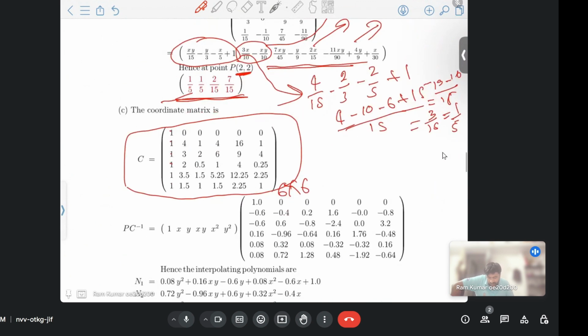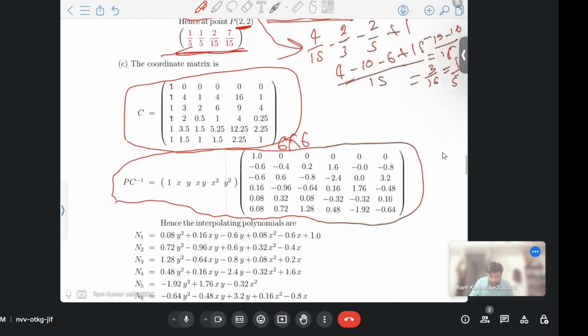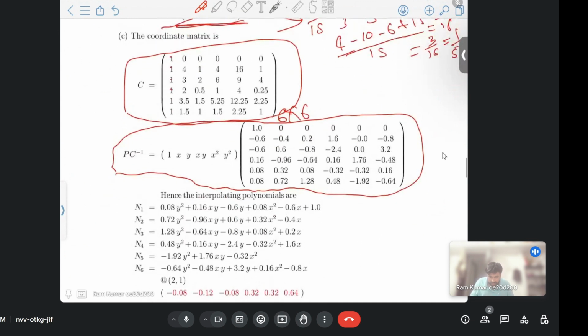Similarly, we are going to use this equation to get the interpolating polynomial. For this 6 node triangular element, this will be our N1, N2, N3, N4, N5, N6. We have 6 nodes, so we will have 6 interpolating polynomials, or I will say 6 shape functions.